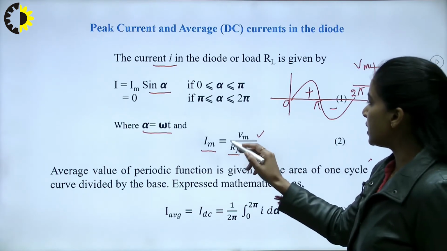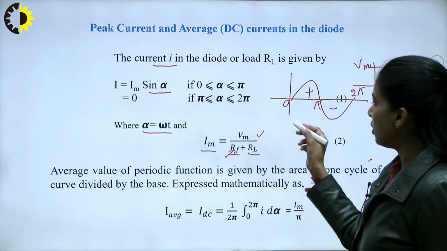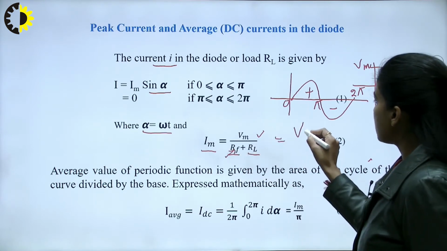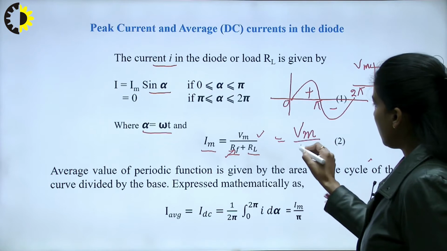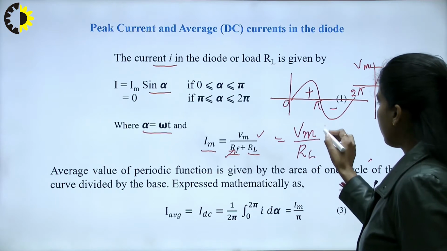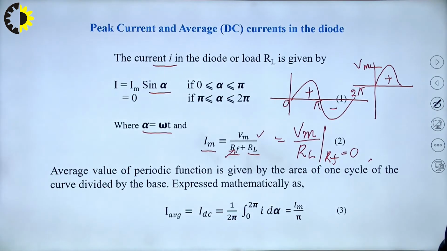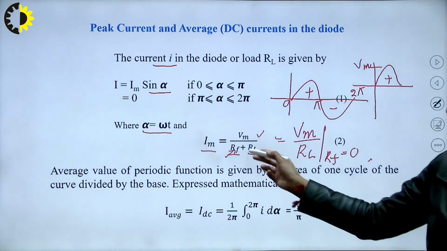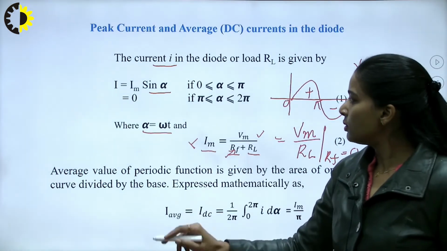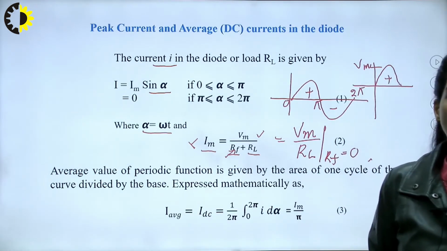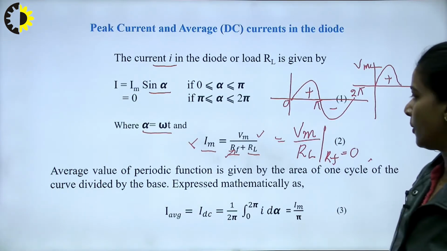If we consider the case that Rf is 0, then we can write it as Vm upon RL. This is the maximum value of current flowing through the half wave rectifier circuit.